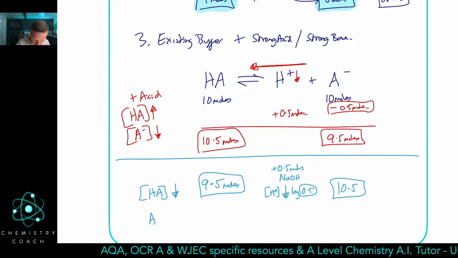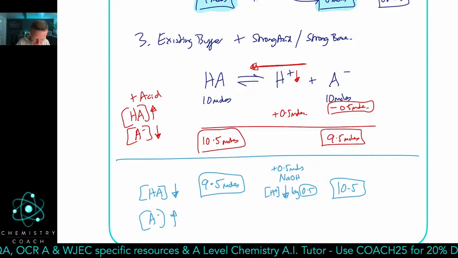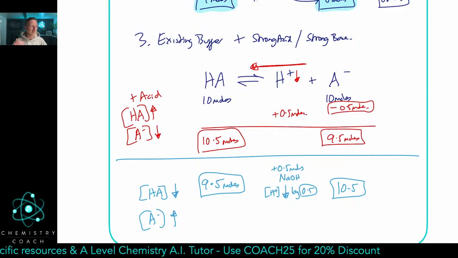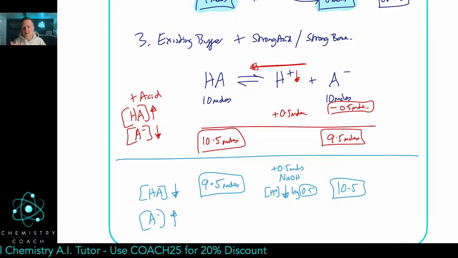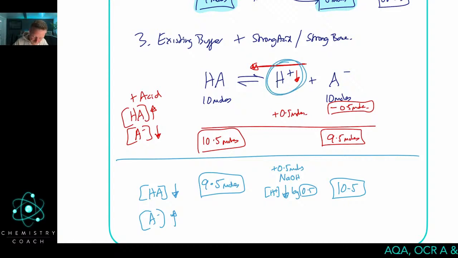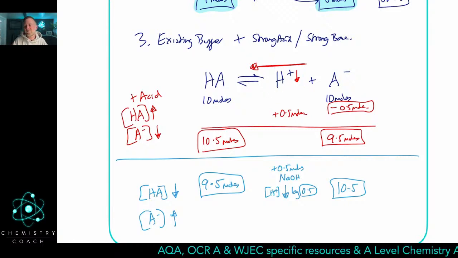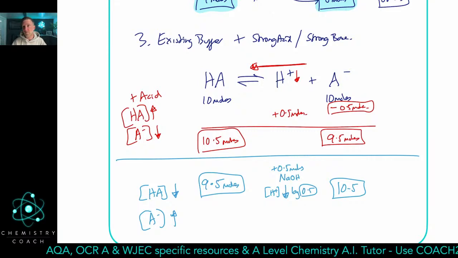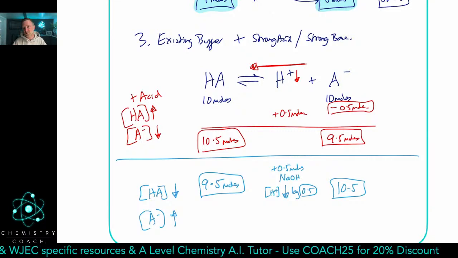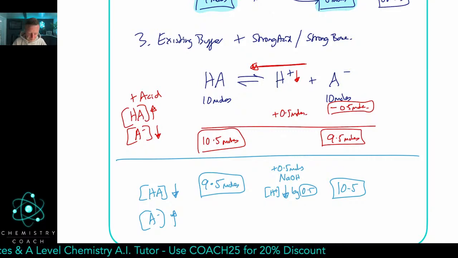So the opposite is true here for where we've added a strong base compared to a strong acid. Okay, so it's about shifting the equilibrium, and it will shift ever so slightly, but what happens is it maintains the pH. It maintains the pH, not perfectly, but it does a really good job of resisting any change in pH when we add a strong acid or a strong base.